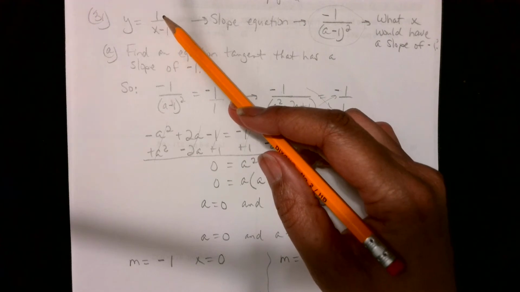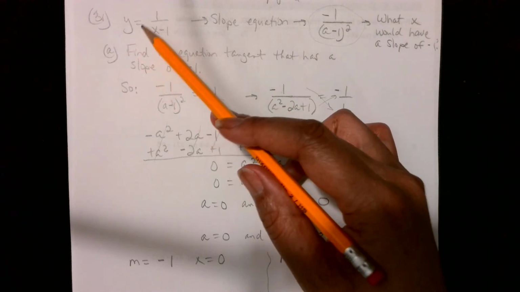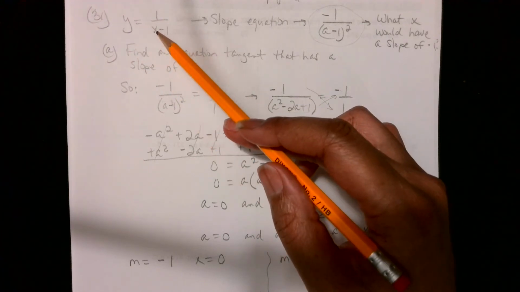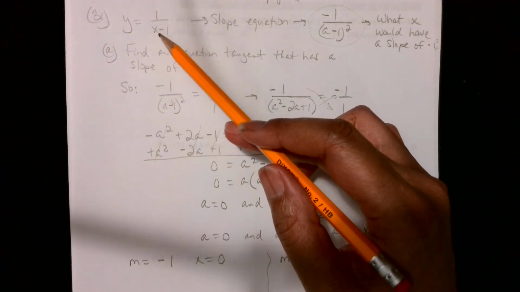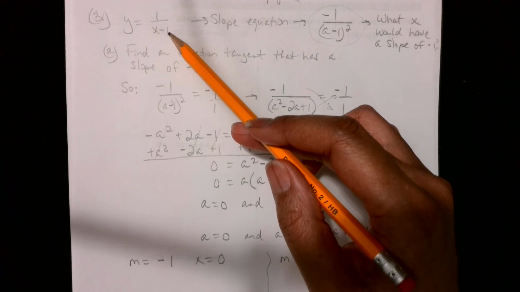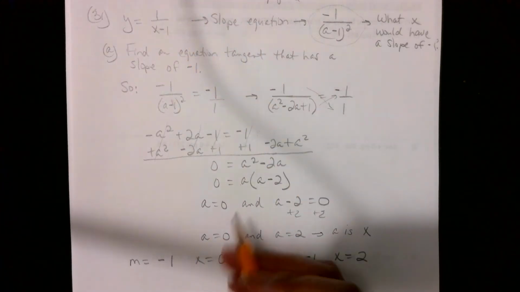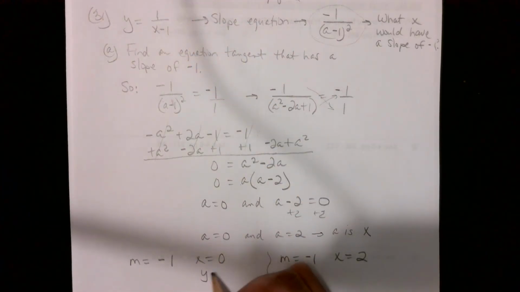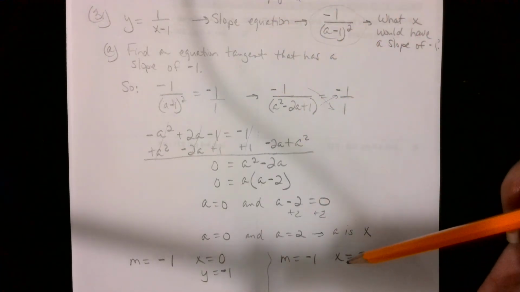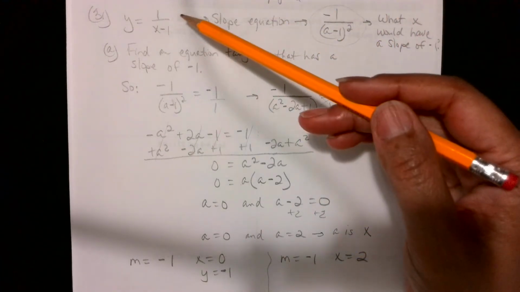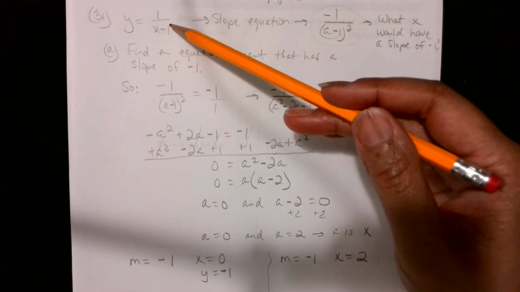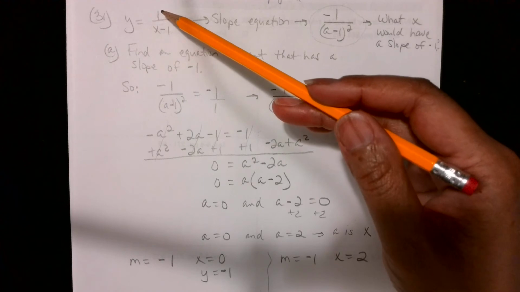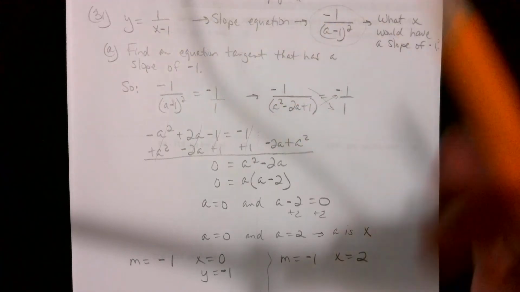So this would be 1, because it says y equals, so 1 over 0 minus 1, which is 1 over -1, which is -1. And then here x is 2. So this would be 1 over 2 minus 1, which is 1 over 1, which is just 1.